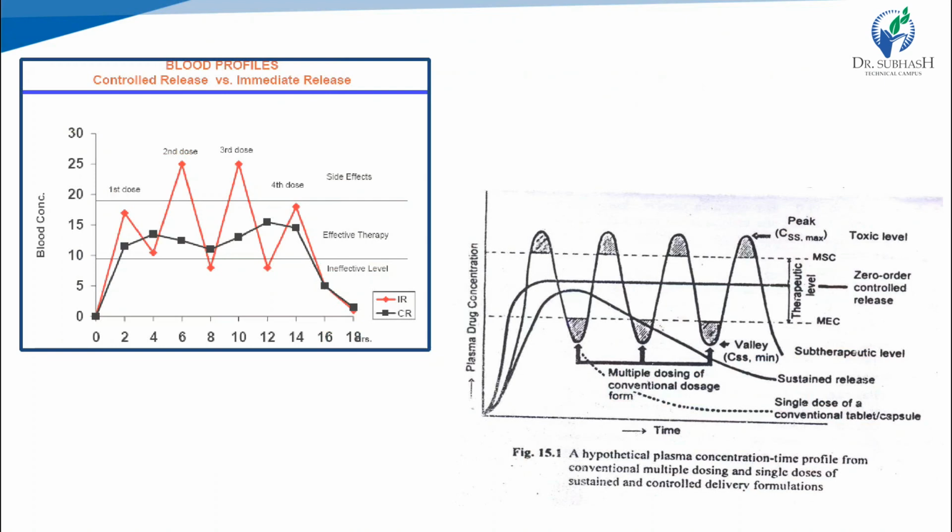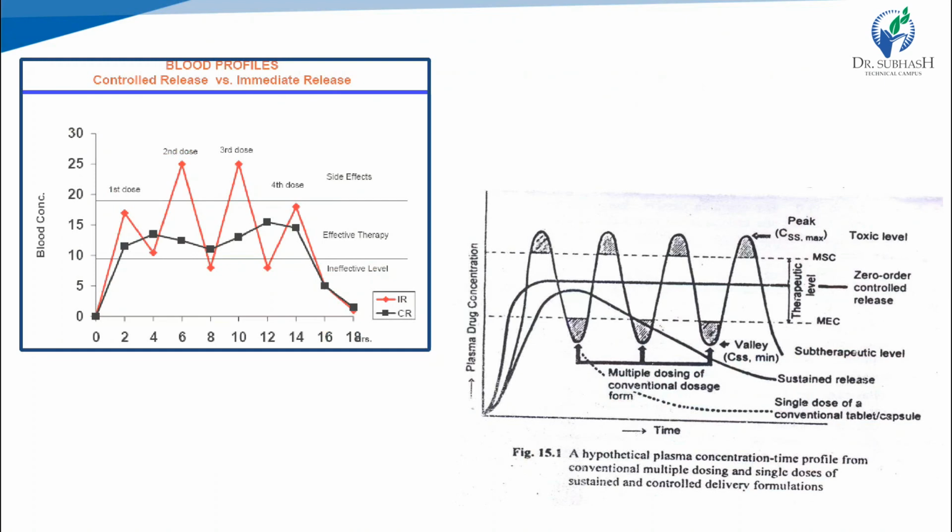In some cases the concentration goes below the minimum effective concentration, which is the subtherapeutic level. Those concentrations do not give any pharmacological action. In other cases the dosing goes above the maximum safe concentration, into the toxic level, which also gives unwanted effects. So we face those fluctuations in the conventional dosage form with multiple dosing.